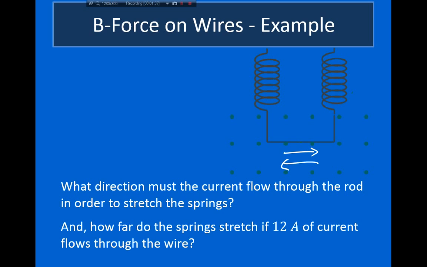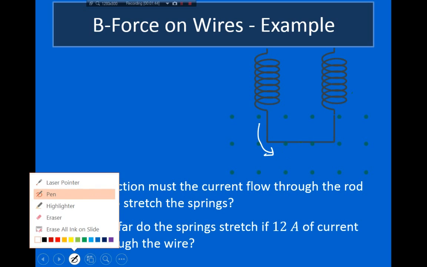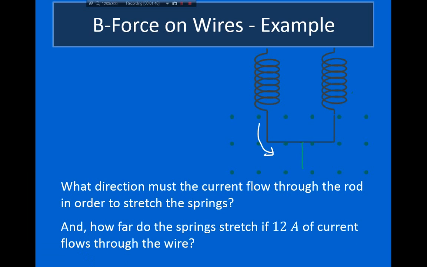So when the current flows like this through the wire, the magnetic force is going to point down. And that's exactly what we need, because we're told that these springs are being stretched. Now, if I had assumed that the current was flowing in the opposite direction, then the magnetic force caused by that would point upwards.